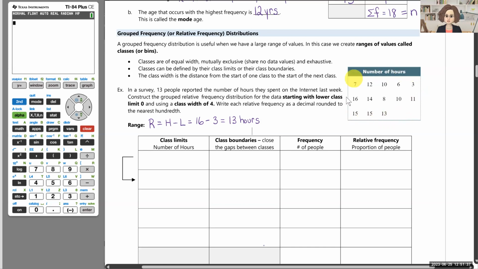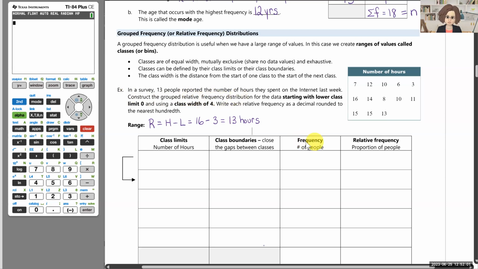So if these values were in order, that would be very helpful in terms of starting to count values that are in particular ranges, but we'll just leave the data as it is for now. All right, so let's start grouping some data. So we're going to have some instructions here. Construct the grouped relative frequency distribution.